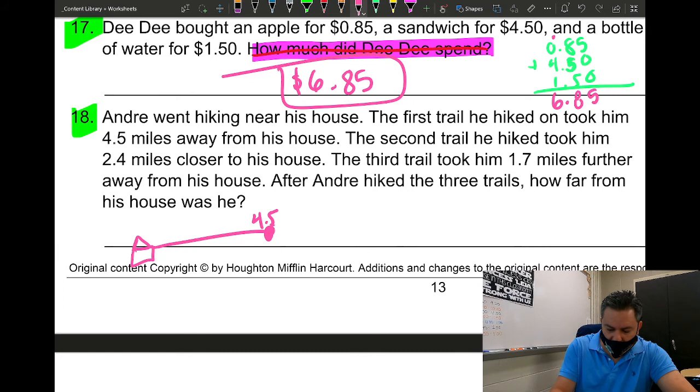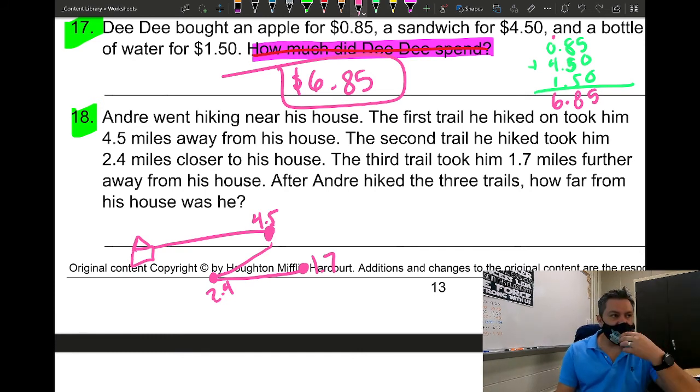The second one took him 2.4 miles closer to his house. So I guess this one came like this from the house. And the third one took him 1.7 miles further away from his house. So from here, 1.7. Well, it's not to scale, but you get the idea, right?